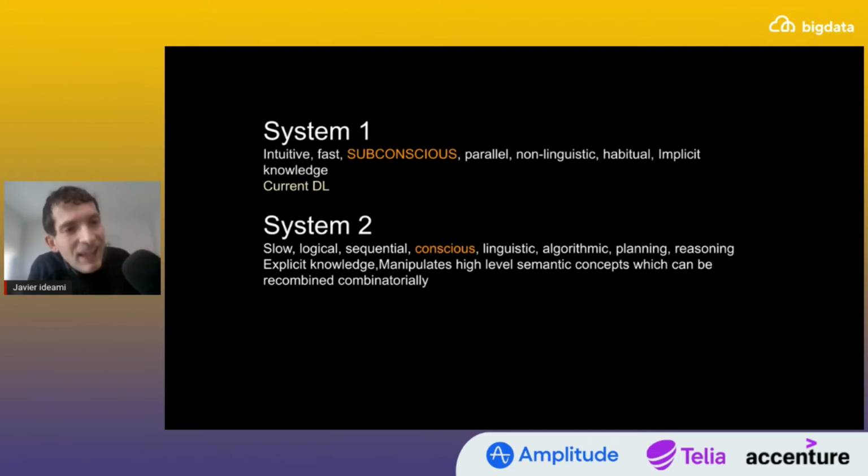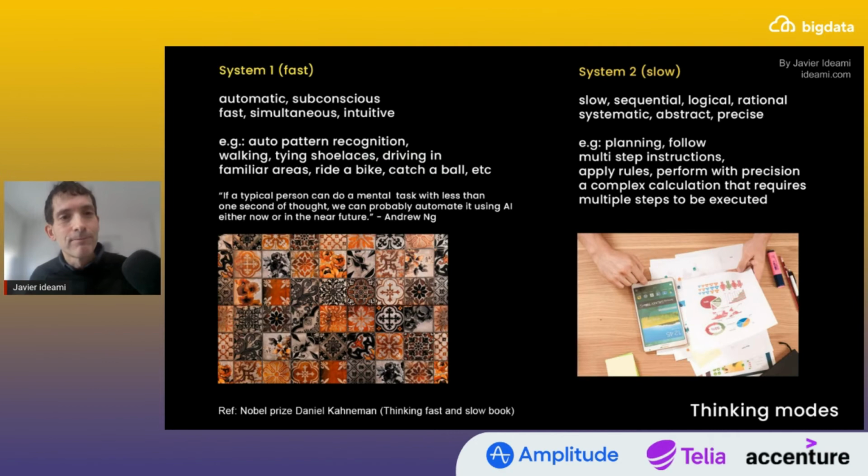This is really what current deep learning is mastering and where it is achieving superhuman capabilities in so many ways. And then we have System 2 thinking, that is the slow, logical, sequential, mainly conscious, linguistic, algorithmic, that involves sequences, planning, reasoning, explicit knowledge. And this is the area that is still beyond current AI.